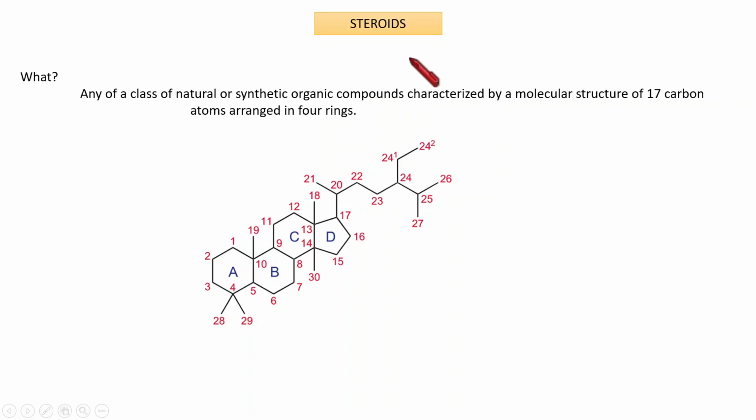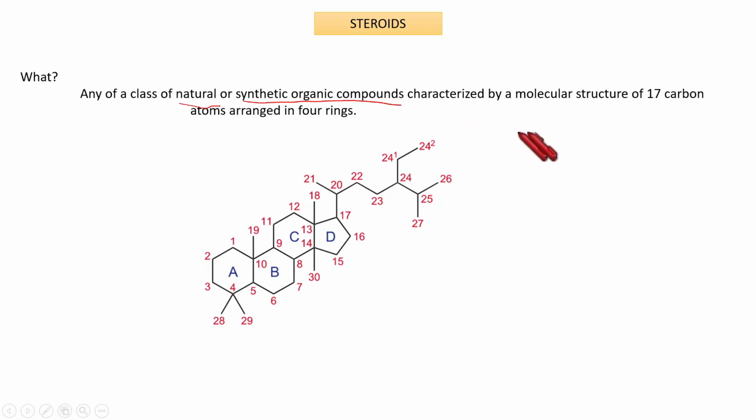Good morning, dear students. In this section, we will learn about steroids. Then, what are these steroids that we need to understand first? They are a group of natural or synthetic organic compounds. Then, how can we distinguish this compound from other compounds?